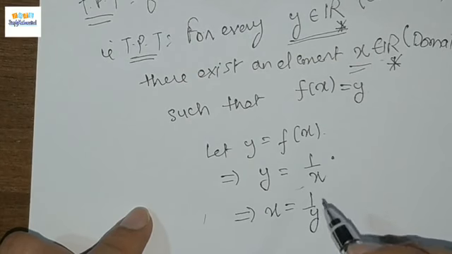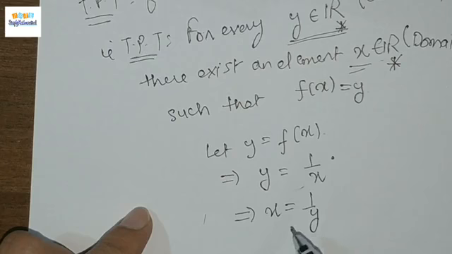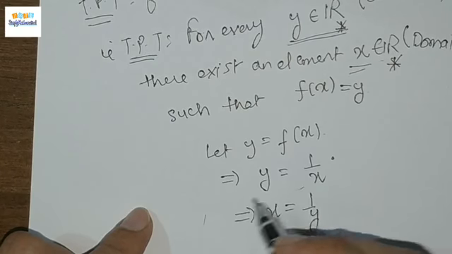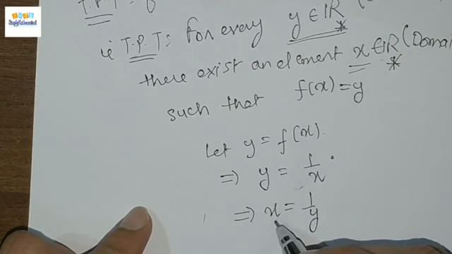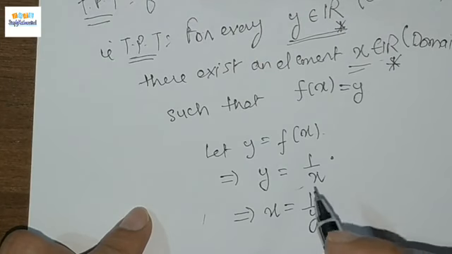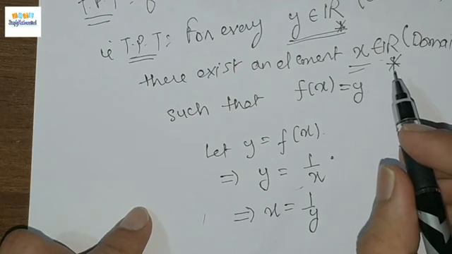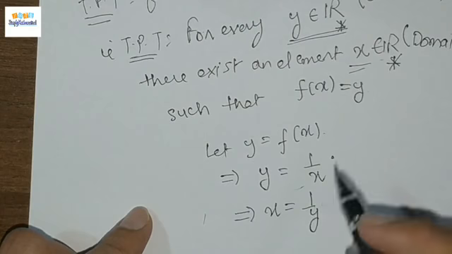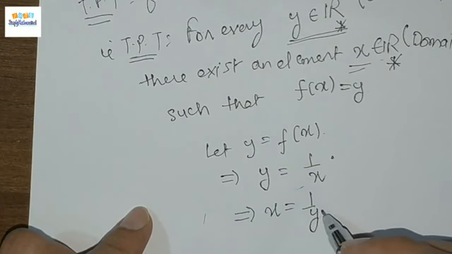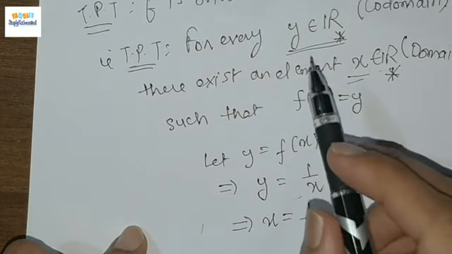Now this x should be in the set R star, that is the domain. Is this x in the domain R star? That you have to check. R star is the set of all non-zero real numbers. So you can see that y is also from R star.